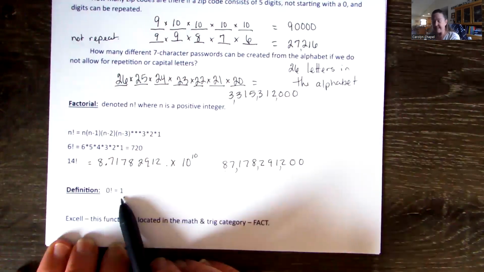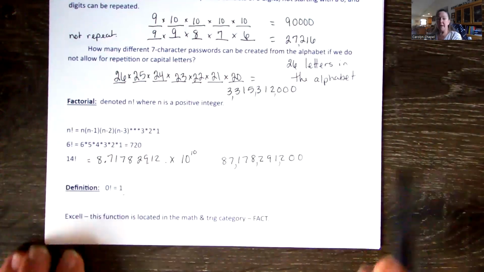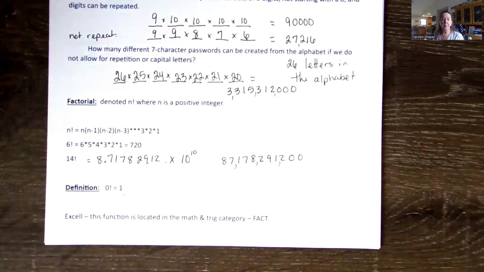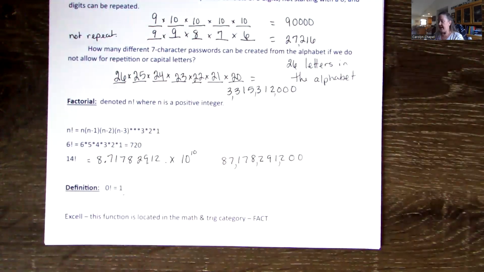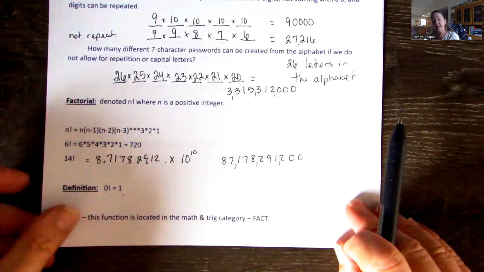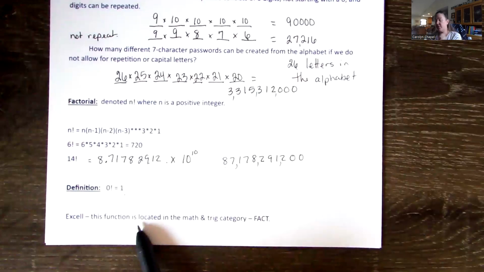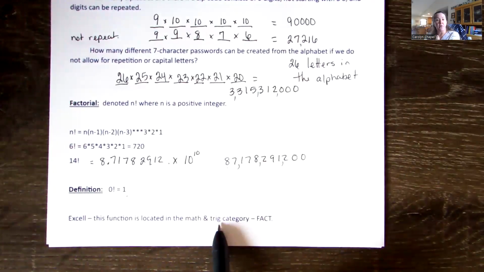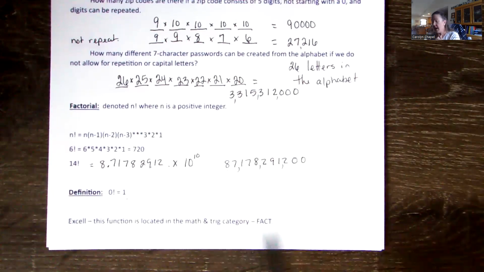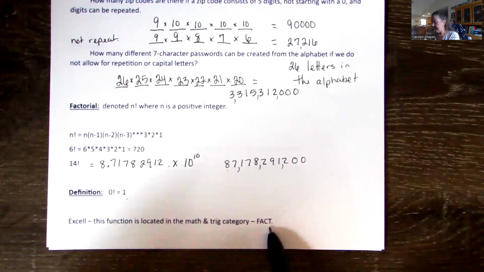So we define it to be 1. You can use Excel for factorials. There is a factorial function. I'm not actually going to go to Excel and show you here, but it is located. If you go into that drop-down menu again for the functions, under the math and trig category. And unlike the statistical category, it's in our math and trig, and it is the FACT.